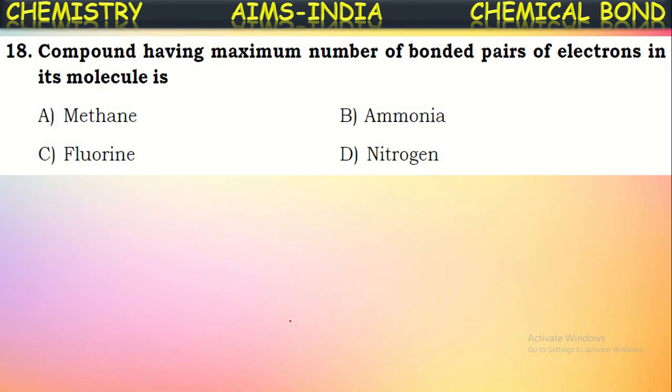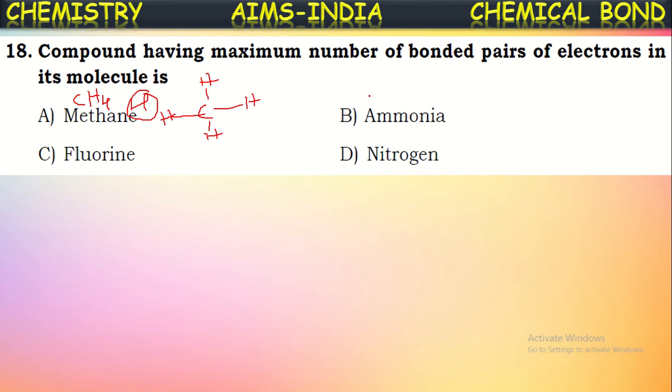Next one. Compound having maximum number of bonded pairs of electrons in its molecule. So in which one is the number of bond pairs of electrons maximum? If you see methane, molecular formula CH4, the central atom is carbon. It is bonded with 4 hydrogen atoms. Now how many bond pairs are there? 4 bond pairs, isn't it? 4 bond pairs are there in the methane molecule.